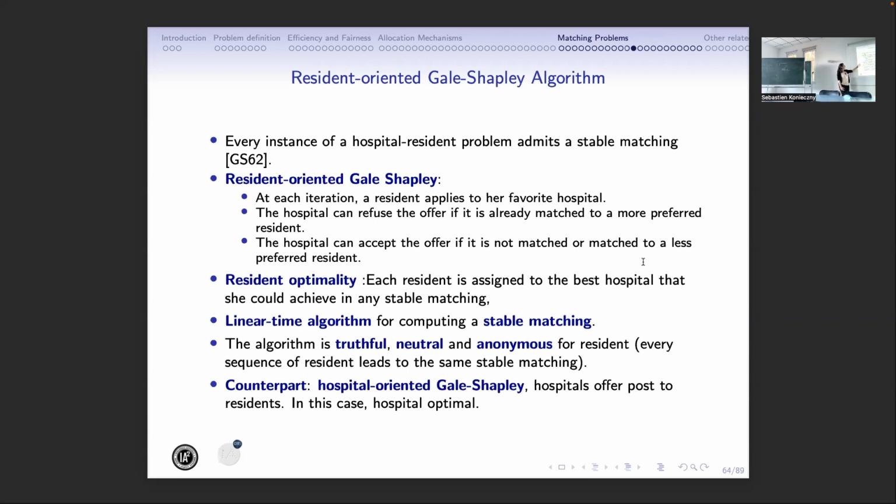Second, it has been proved that when residents apply to hospitals, it is what we call resident optimal. That means that each resident will be assigned to the best hospital that she could achieve in any stable matching, so there is no other stable matching where the resident would obtain a better hospital.